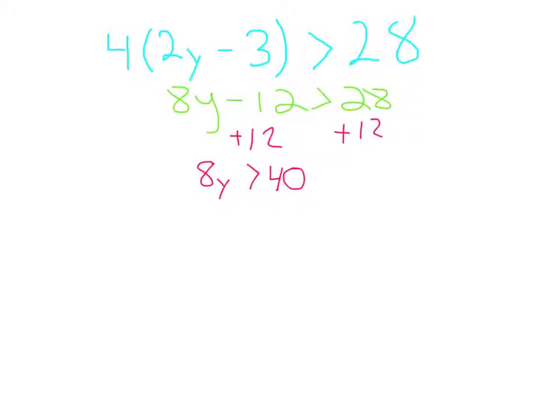And then because we have to get y alone on one side, we divide by 8, and we do that to both sides. And 40 divided by 8 is 5, so it's y is greater than 5.